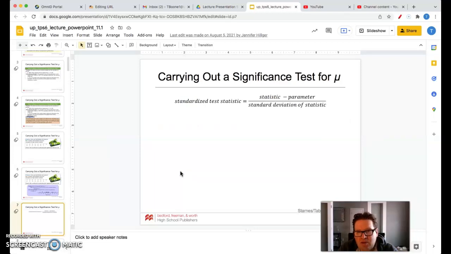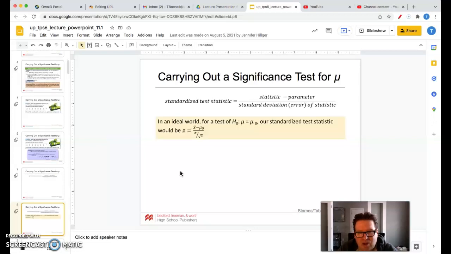Now remember, as we've done this for different standardized test statistics, z-scores more particularly in the past, we took that statistic minus the parameter and then divided by the standard deviation of that statistic. Okay, so in this ideal world, this is what we'd be doing. We're testing the population mean. And so what we would do is take our sample mean minus that population mean divided by the standard deviation.